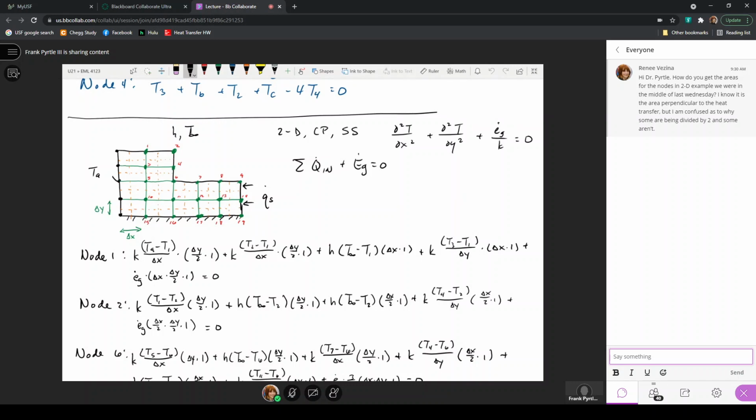Now for each of these nodes, we have to take into account the area that is shared with the surrounding nodes.